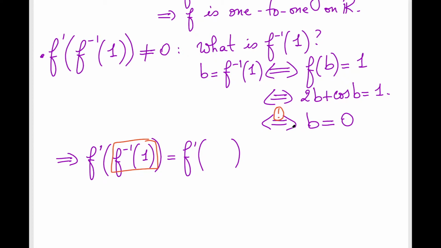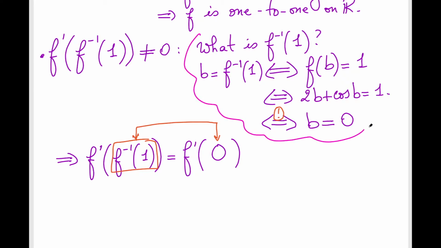It was 0. That's what we found. And all this discussion allowed us to transition from here to here. So this is the cornerstone behind the discussion here, right?